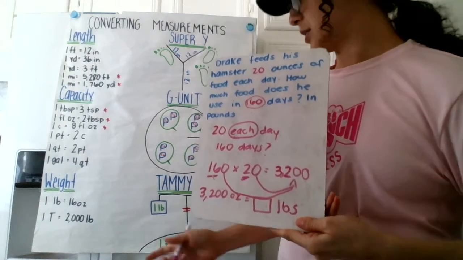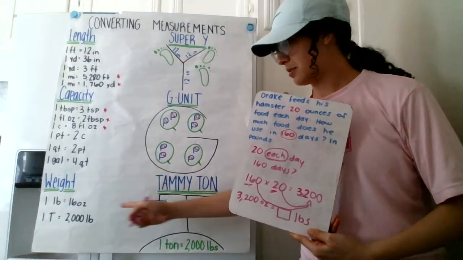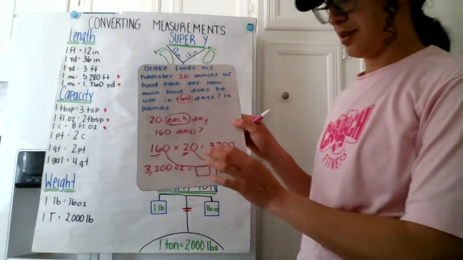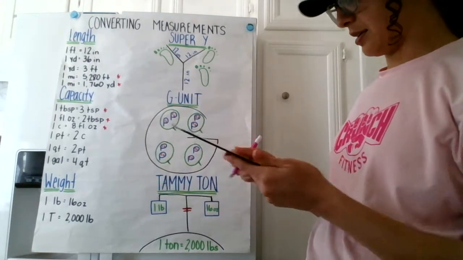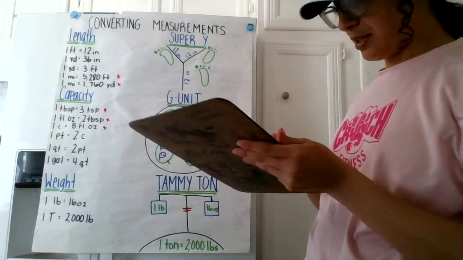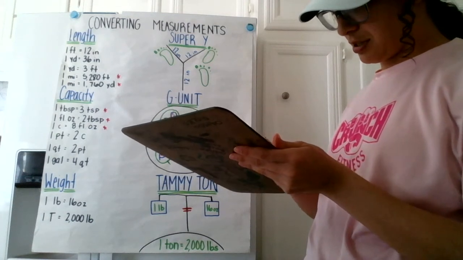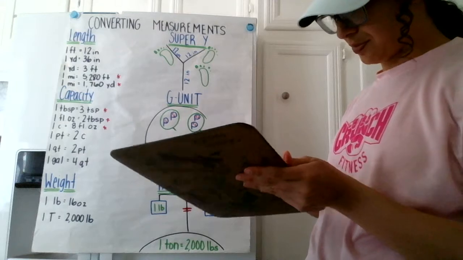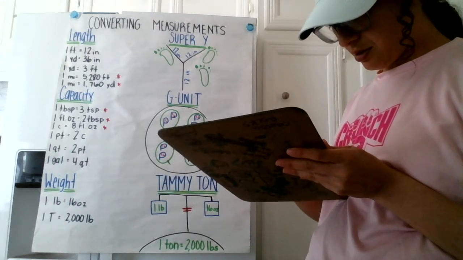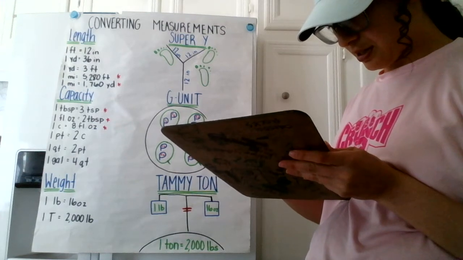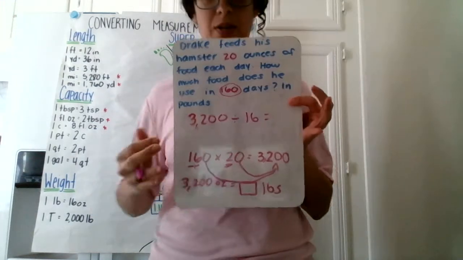So remember, ounces to pounds, I'm going to divide this by 16. I'm running out of space, so I'm just going to erase this up here. So 3,200 divided by 16 equals.